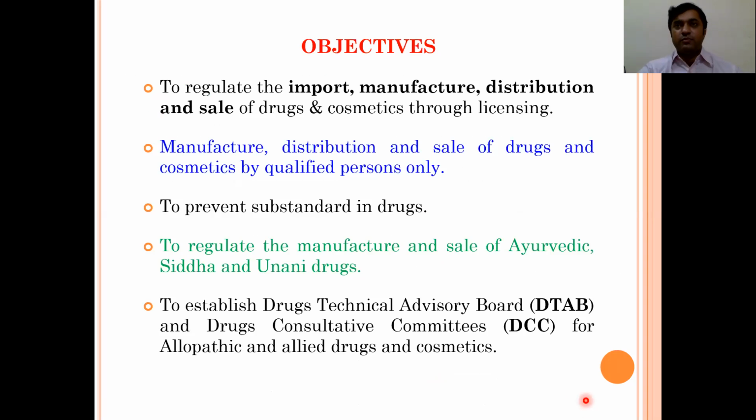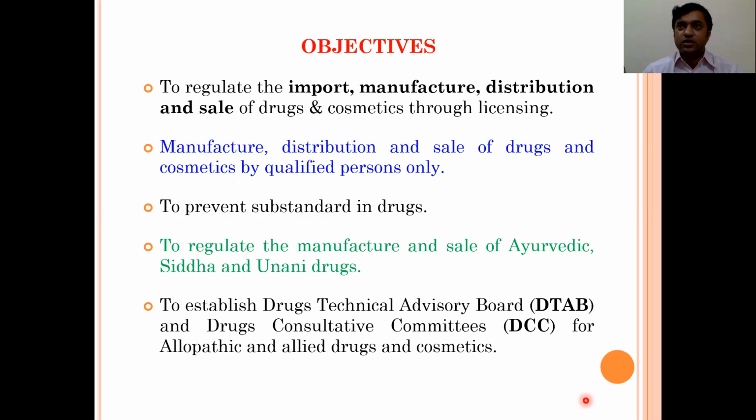Objectives. The main objective is to regulate the import, manufacture, distribution, and sale of drugs and cosmetics through licensing. Whoever is importing should have a license, and whoever is manufacturing should have a license.